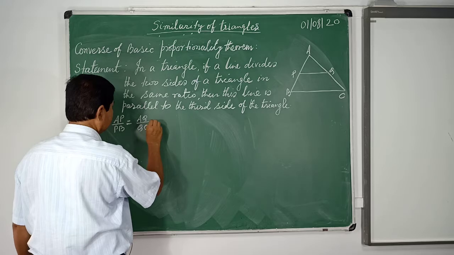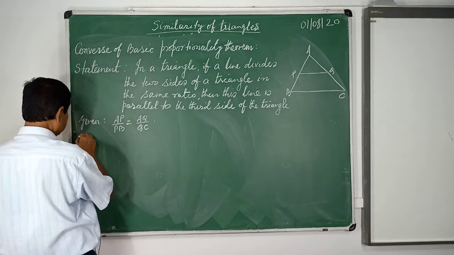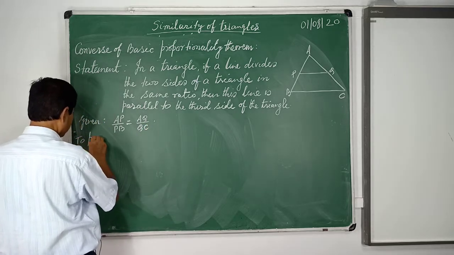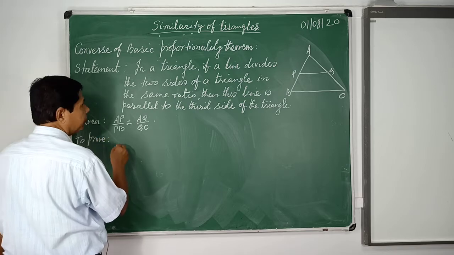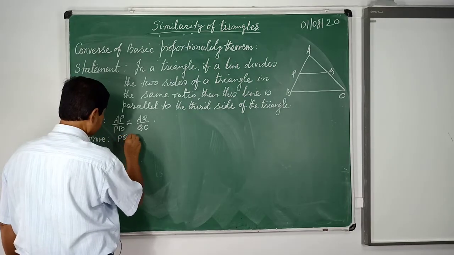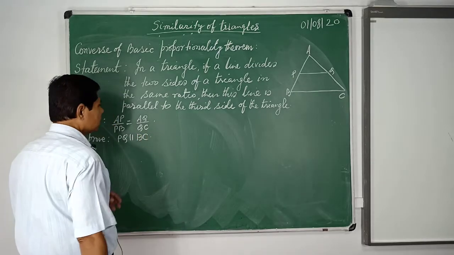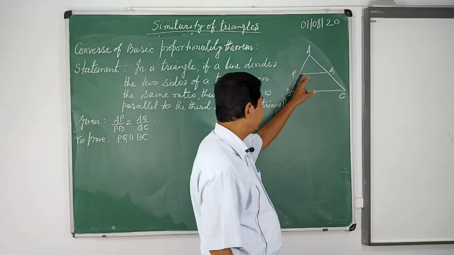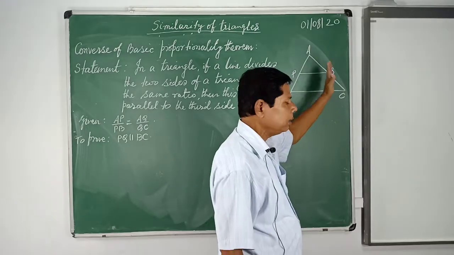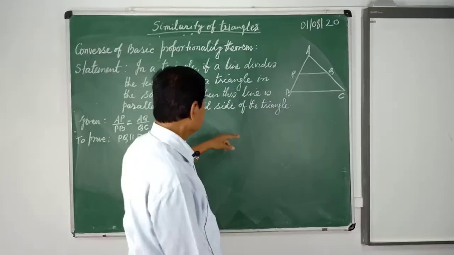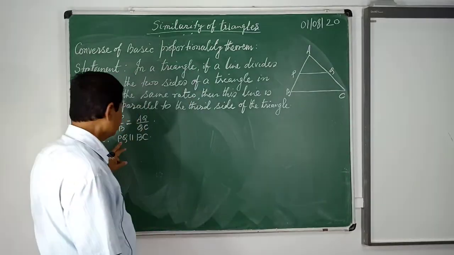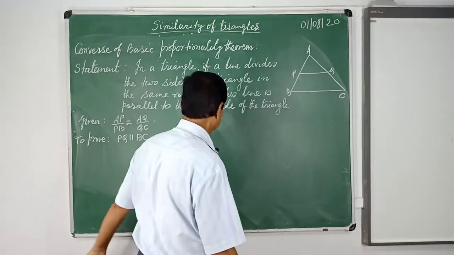It is already given, and required to prove is PQ parallel to BC. Third side is BC, because this PQ line is dividing these two sides AB and AC in the same ratio. So third side will be BC. So we have to prove that PQ parallel to BC.